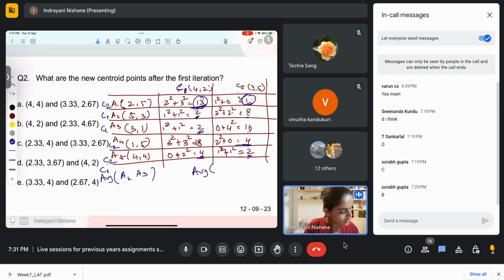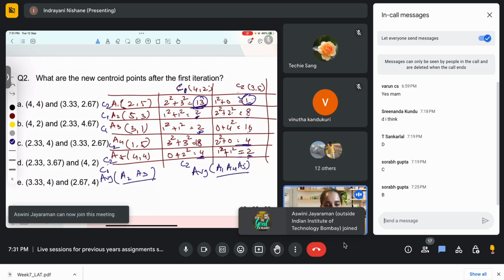So this will be new C1, and new C2 will be the average of A1, A4 and A5. So how do we do that? Plain simple, like mean or average, we'll follow the same thing for these calculations.